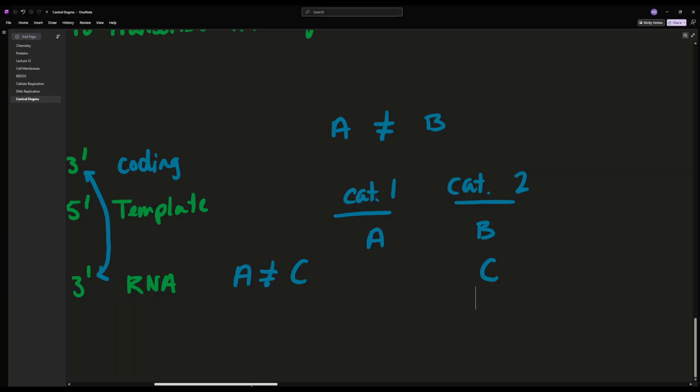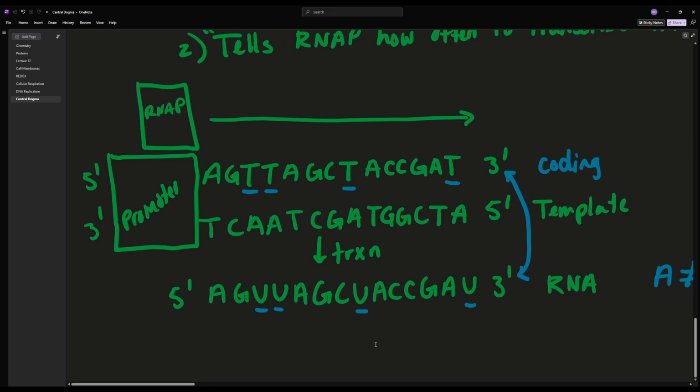It's the same logic happening over here. If our template is anti-parallel and complementary to our coding strand, and the template strand is also complementary and anti-parallel to the RNA transcript, then the coding strand and the RNA transcript should have the same exact code and orientation, except that the coding strand is DNA, so it will contain T, and the transcript is made out of RNA, so it will contain U.